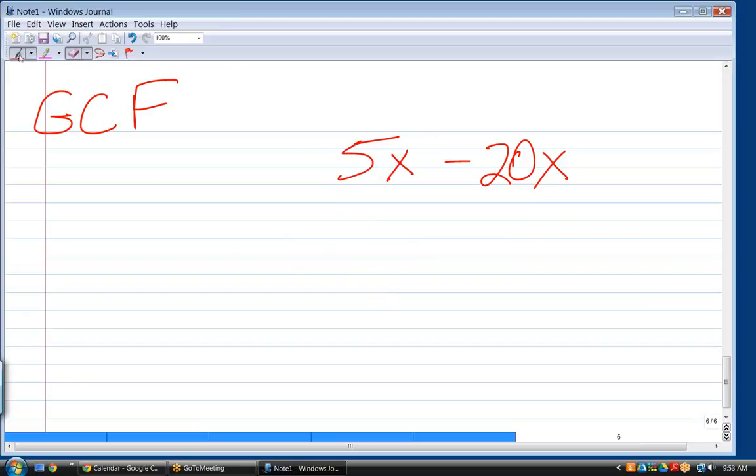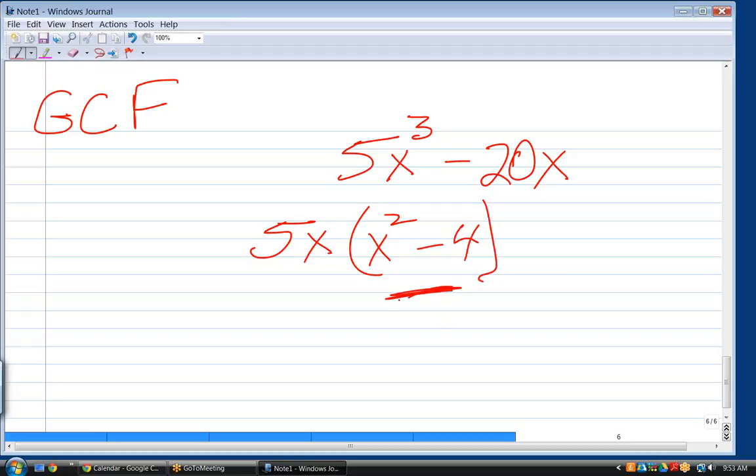One more change. Okay. What's the greatest common factor? 5x. Good. Still? What's left? x squared minus 4. Now, if we examine that, there's no more greatest common factor that I can pull out.